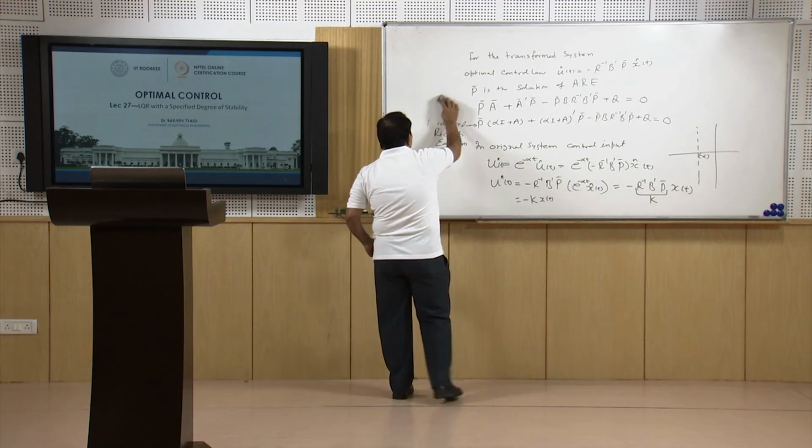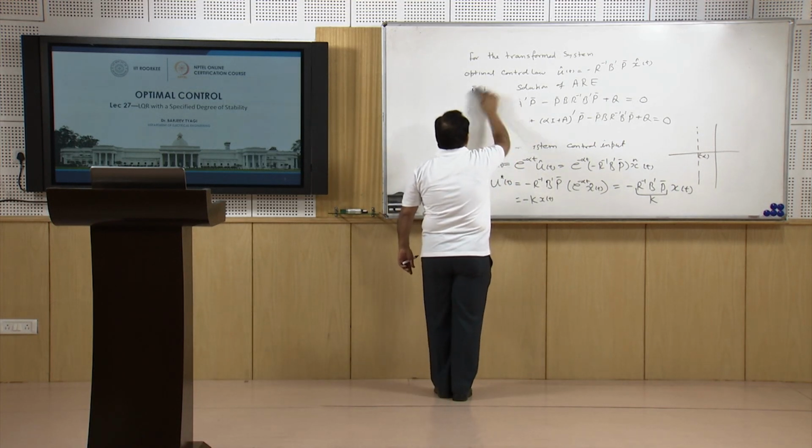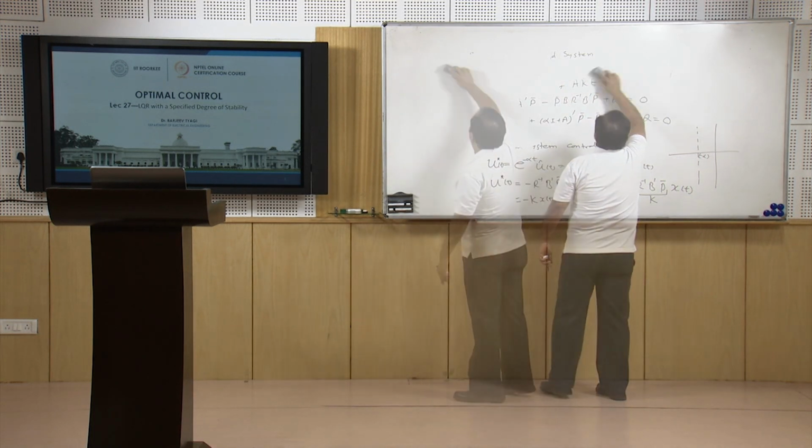We will see through an example how this modifies the pole locations in the original system.